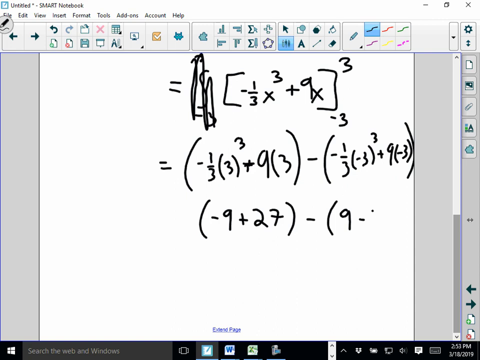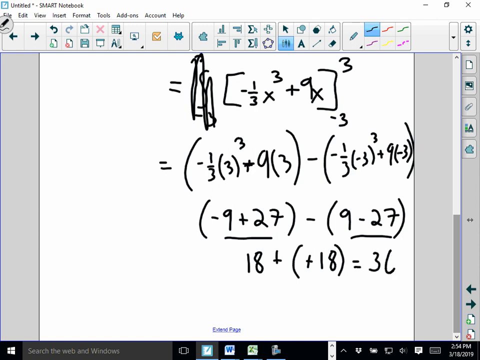If you're doing this, these should look the same, just opposite signs. Negative 9 plus 27 is 18, and 9 minus 27 is negative 18. So 18 minus negative 18 becomes plus, and I get 36. Now that wasn't too bad, simply because the numbers worked out to be whole numbers, which was kind of nice.